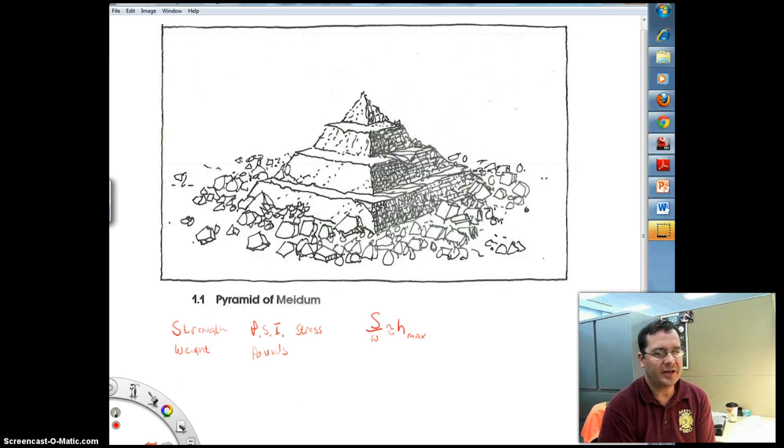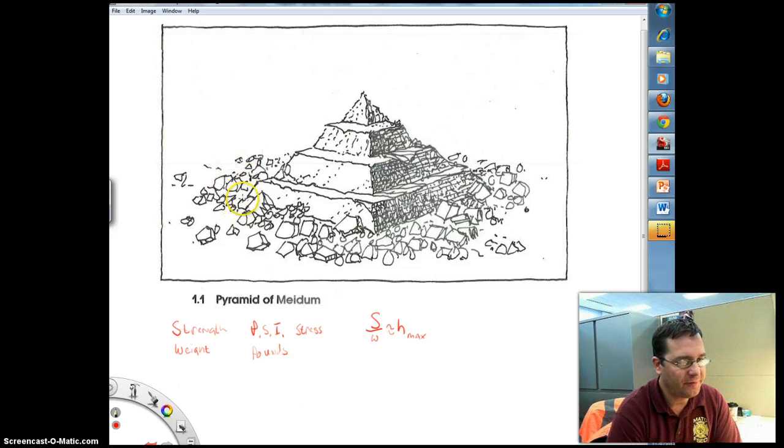So as you notice in the diagram, much of the external sheathing rock of this pyramid has fallen off to its base. This pyramid was constructed with a 52-degree side angle. And this behavior is something that we're going to see over and over again in the construction industry, that this angle, the slope of things that are loosely piled, really matters.